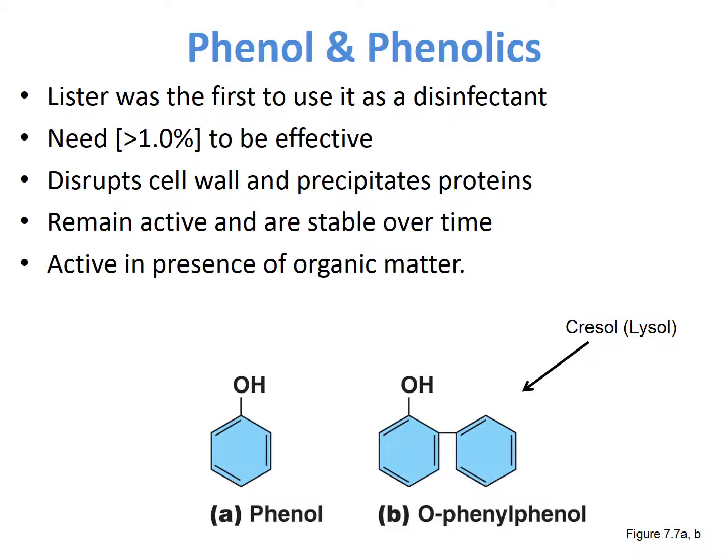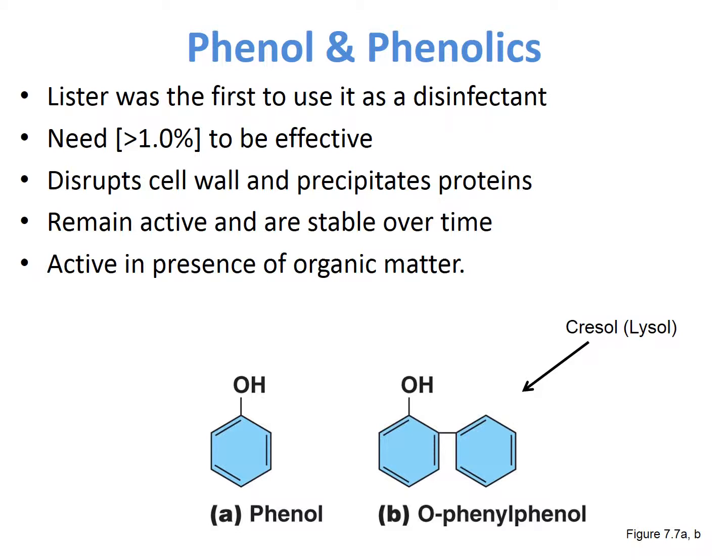At the time that he was practicing medicine, it was well known that phenol was effective as a disinfectant. However, Lister figured out that if this chemical was effective at killing bacteria on inanimate surfaces, it would probably be effective at killing them on living surfaces as well. So Lister then began to use this compound as an antiseptic.